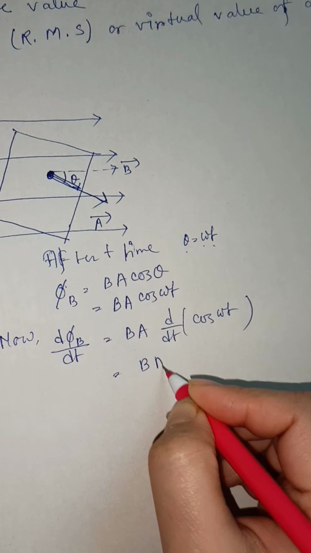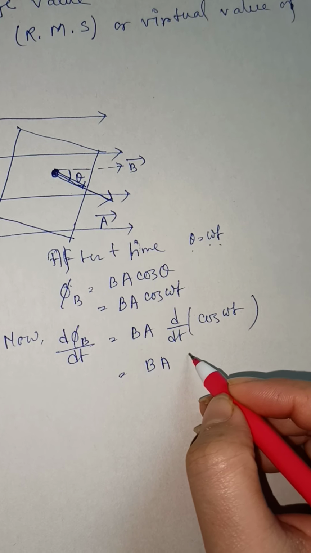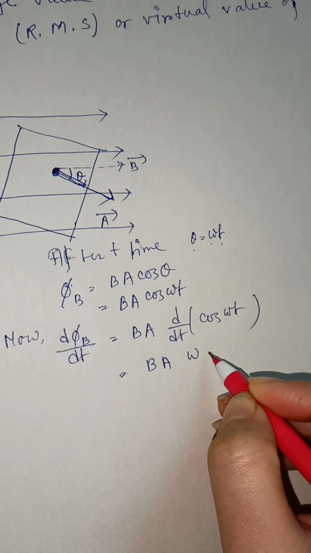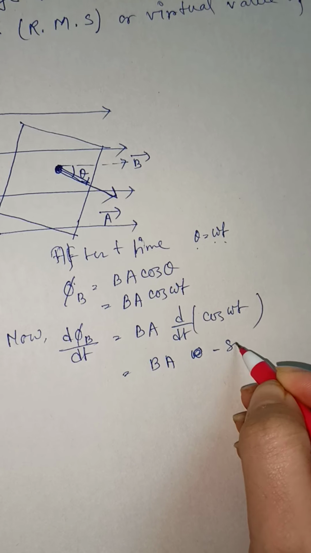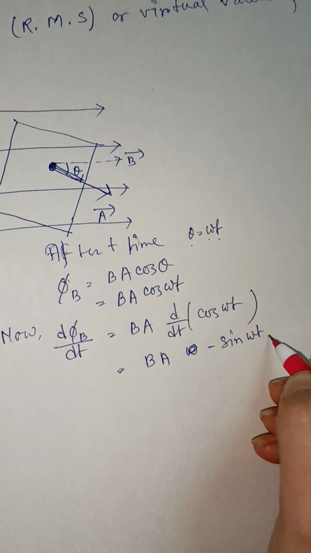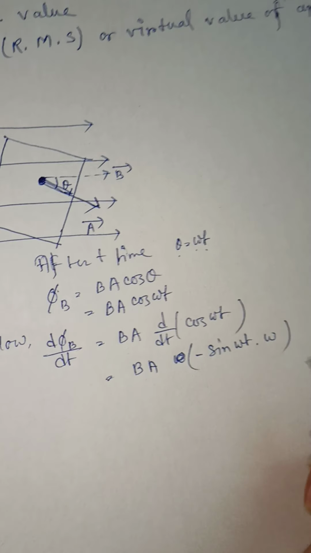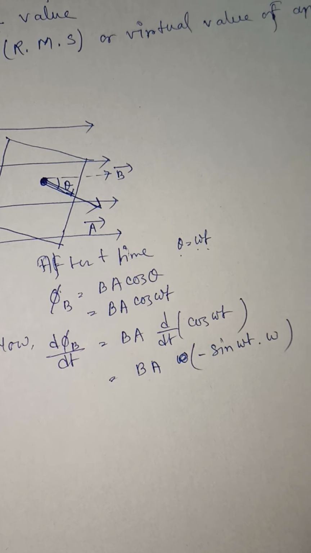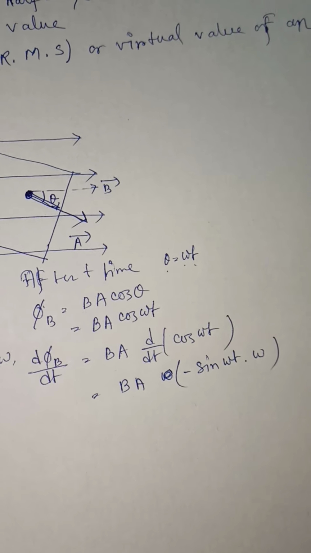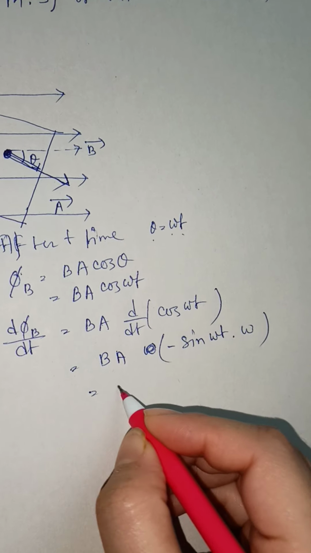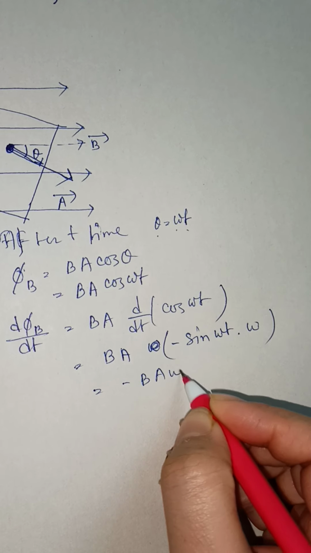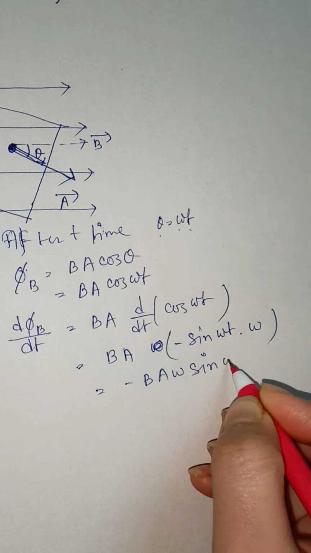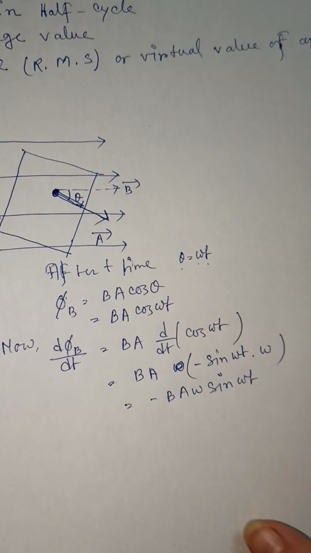Now the derivative of cos omega t is minus sin omega t into omega. Okay. So now minus BA omega sin omega t. So this is d phi by dt.